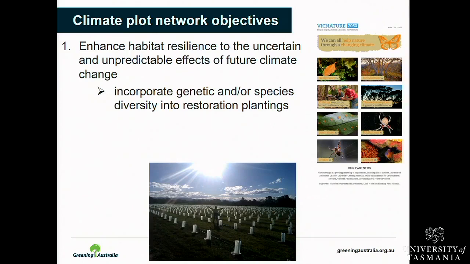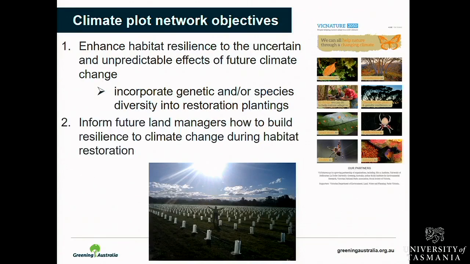So, what are the plot network's objectives? Well, it's to enhance habitat resilience in uncertain and unpredictable climatic events, and try and incorporate genetic and species diversity into those restoration plantings. And we really want to inform land managers how to build resilience to climate change during habitat restoration.